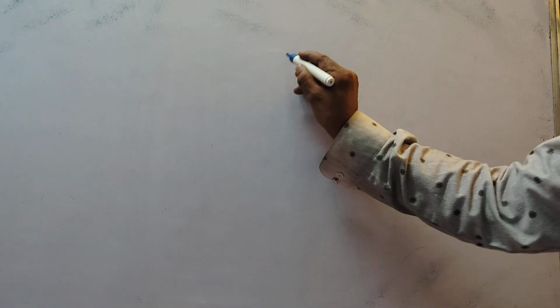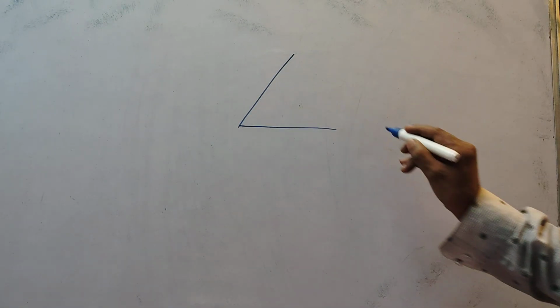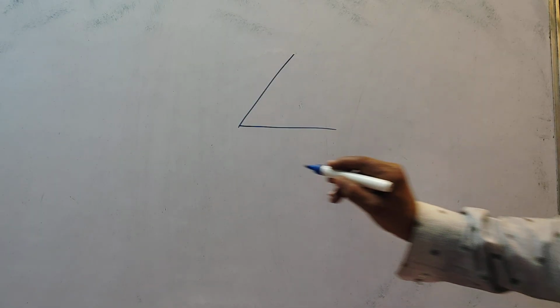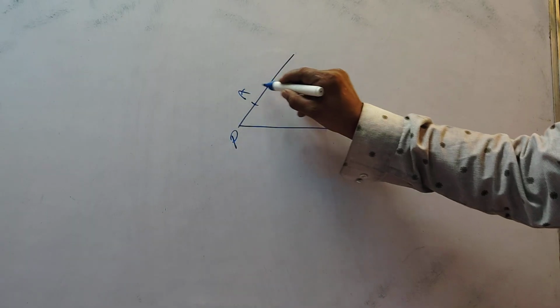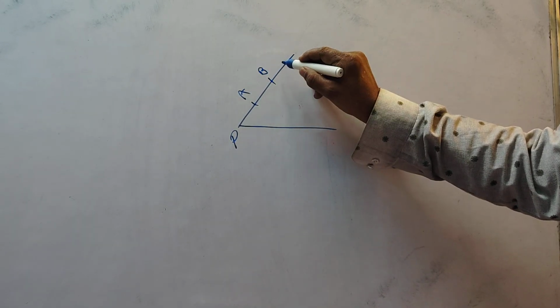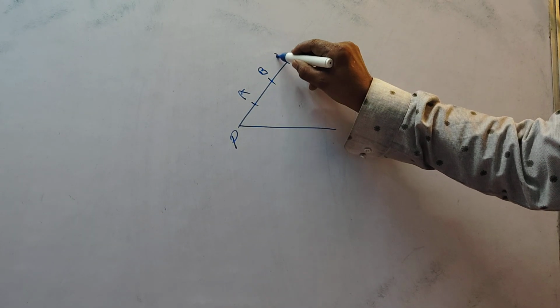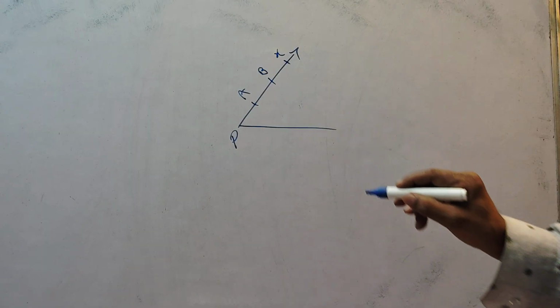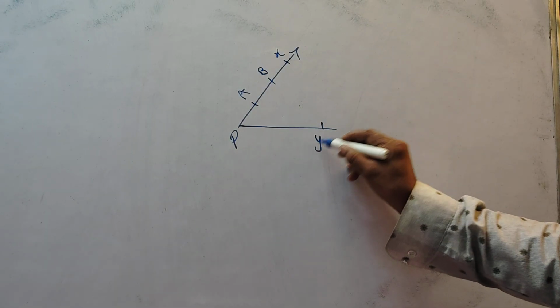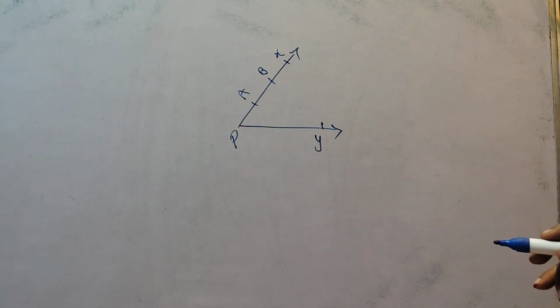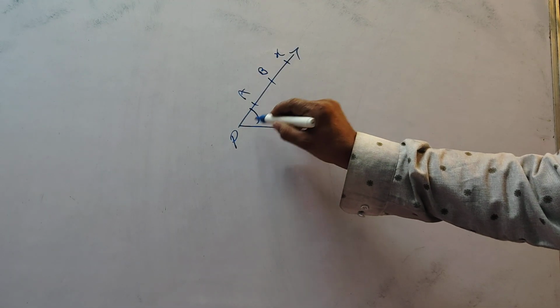Our next question is again related to a figure. In the diagram there is vertex P, then A, then B, then X, and the other side is Y. This is the angle given, and 45 degrees is also given.